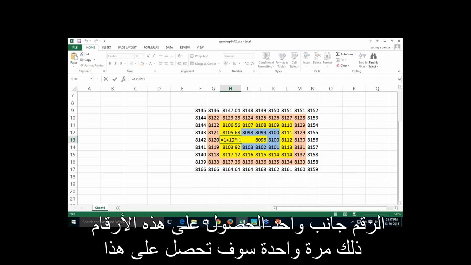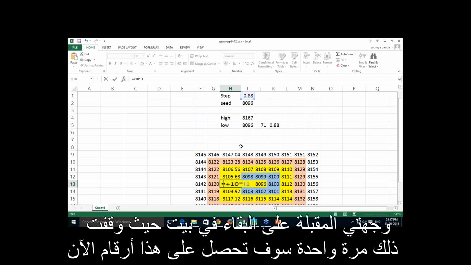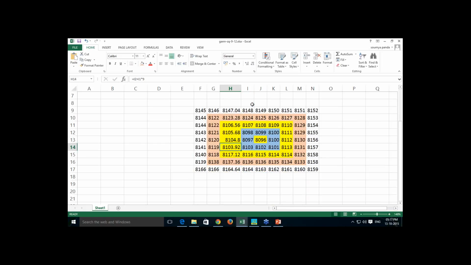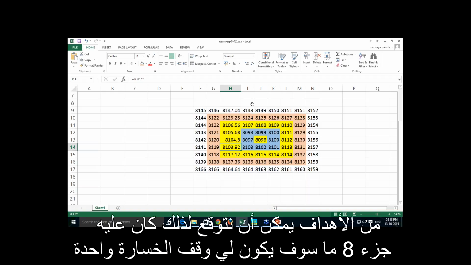Once I get these numbers, my next step is where I should purchase, what will be my stop loss, and what are the targets I can expect.